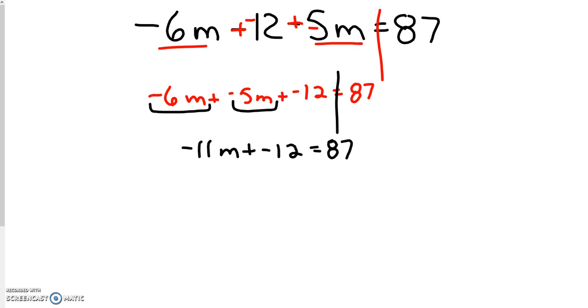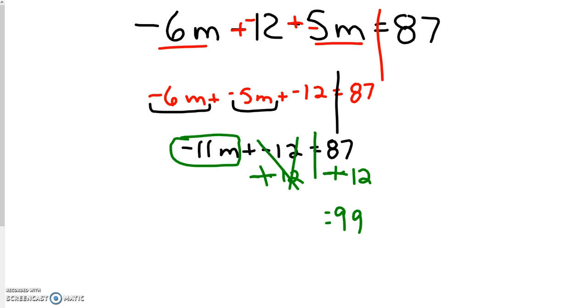I'm going to undo the addition by subtracting negative 12. Subtracting negative 12 on both sides is the same as adding a positive 12. So I've got 99 and negative 11m. I'm going to divide by negative 11, so m is negative 9.